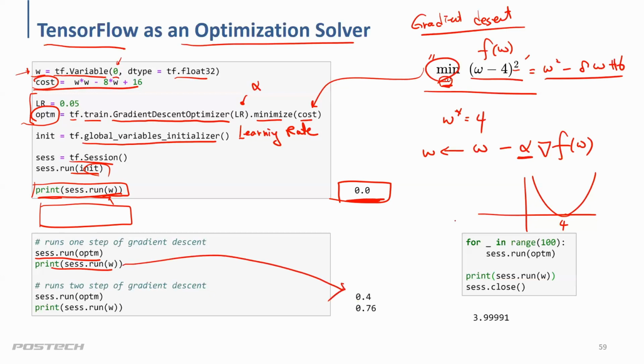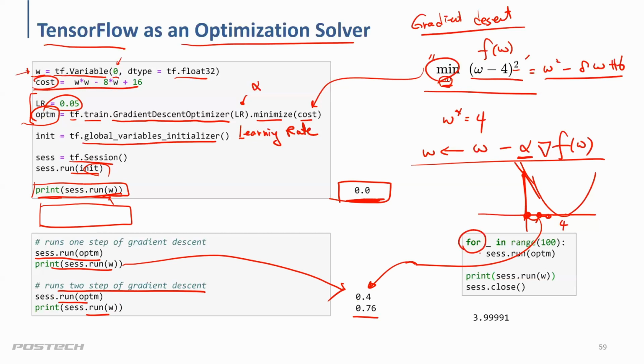That means, let's say I was here, and if I compute the slope or gradient and do the gradient descent update, probably I will move this way, using this kind of step size. And if I run it again, it will move further this way. So that's how we do gradient descent using TensorFlow.